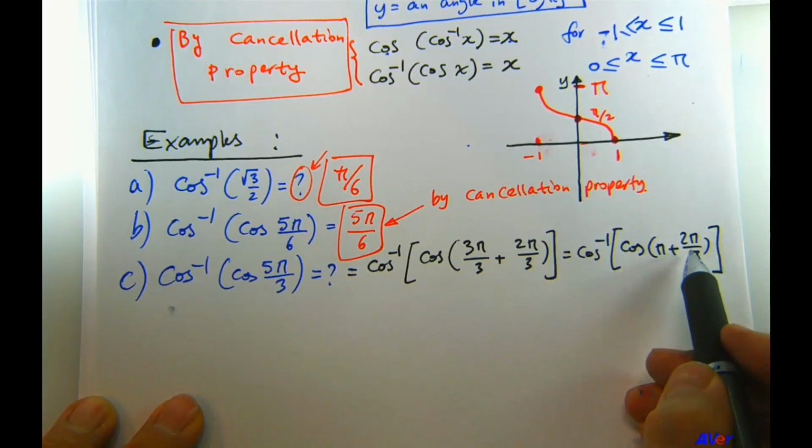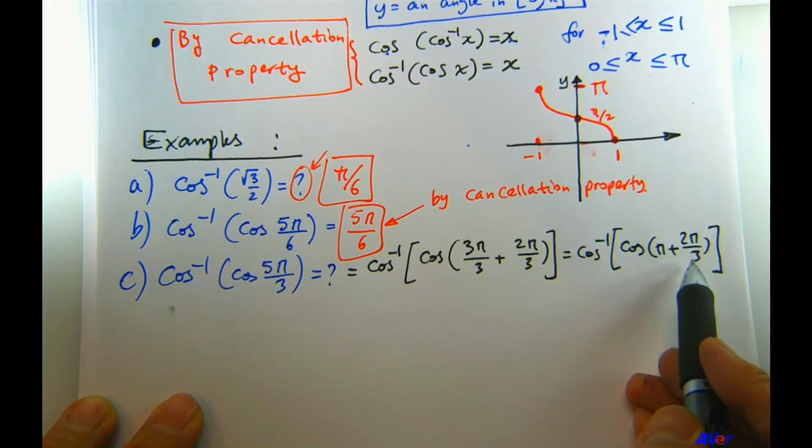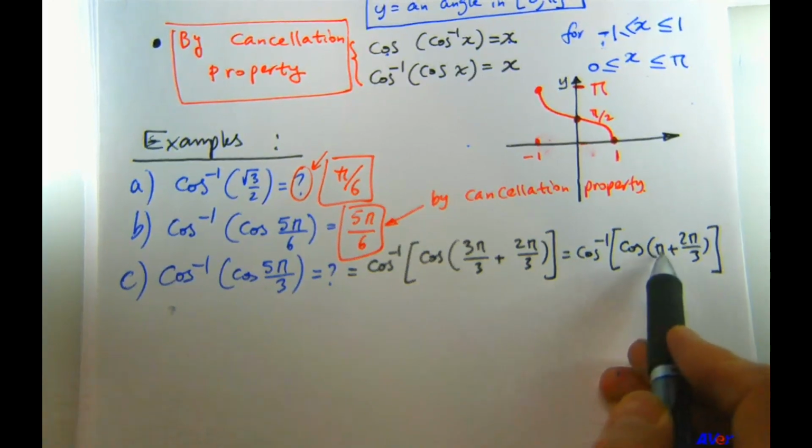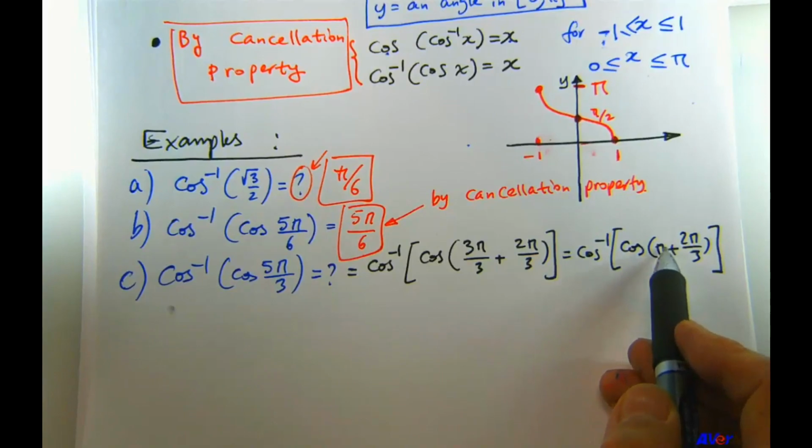And that 2 pi over 3 is slightly less than pi. So it looks like we're going to be in the fourth quadrant, where the cosine value is positive, right?